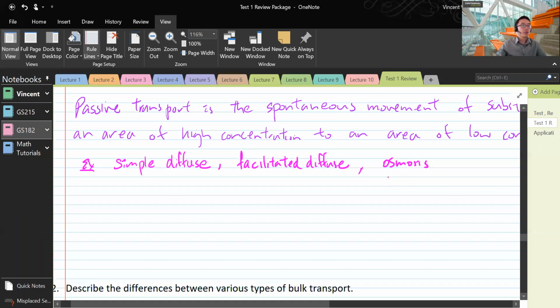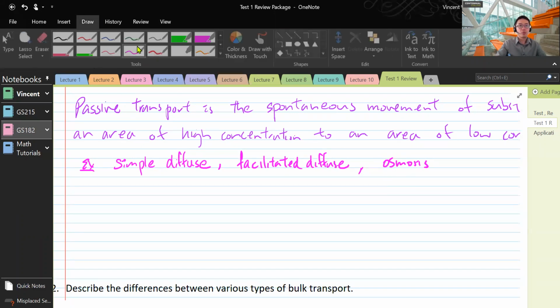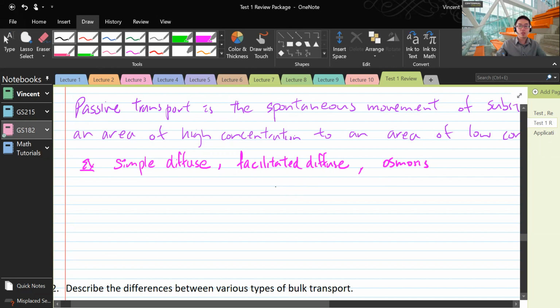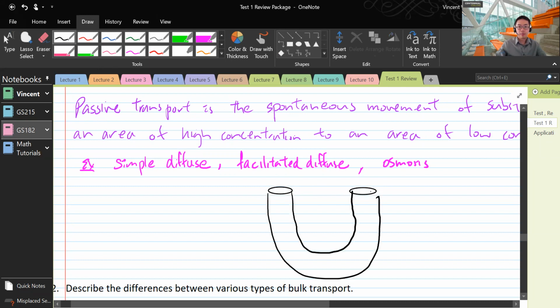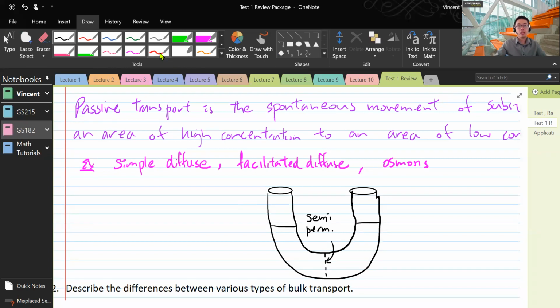Okay. So speaking of osmosis, I would like to revisit this question that a lot of you perhaps had a bit of trouble with last time. Remember this question? There's a U-shaped tube. There's a semi-permeable membrane at the bottom, with very, very small pores.